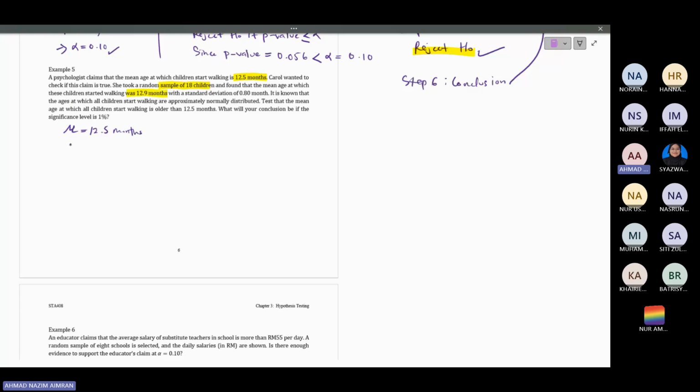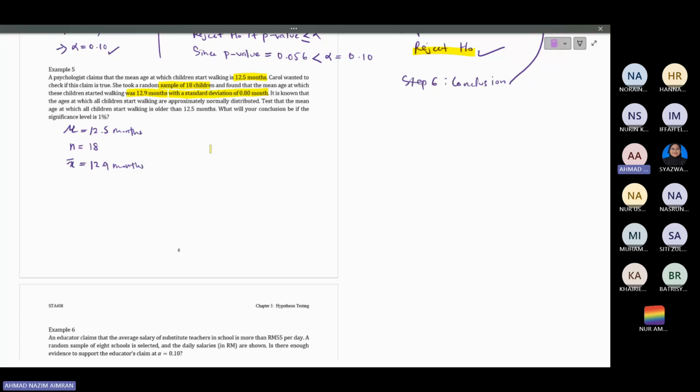So from the sample of 18 children, Carol found that the mean of the sample, okay, start walking is 12.9 months with a standard deviation of 0.8 months. This is a different case.